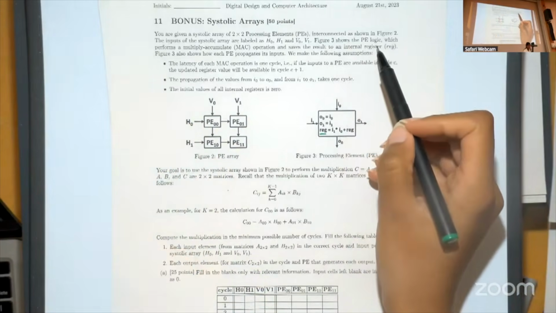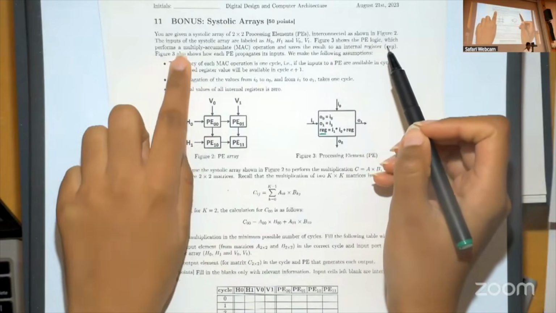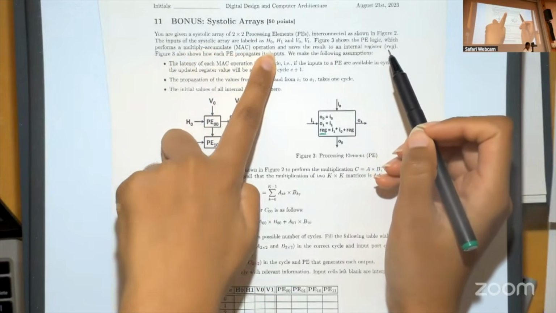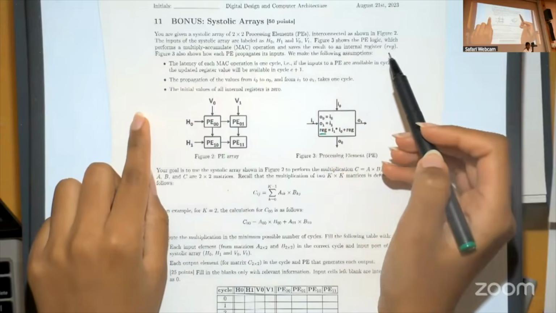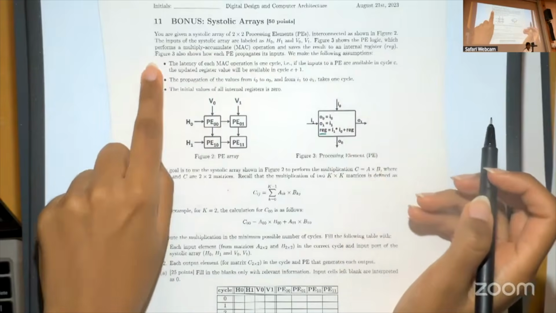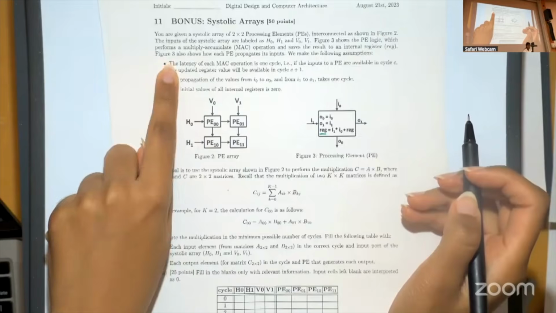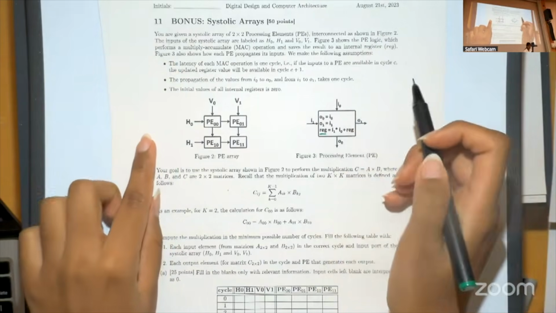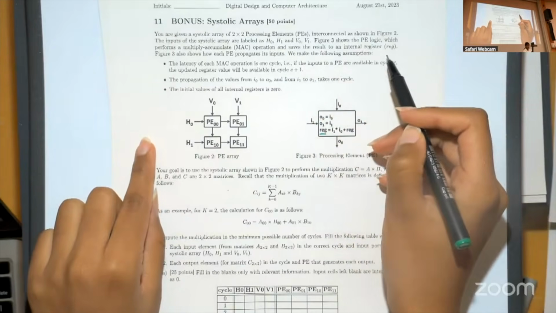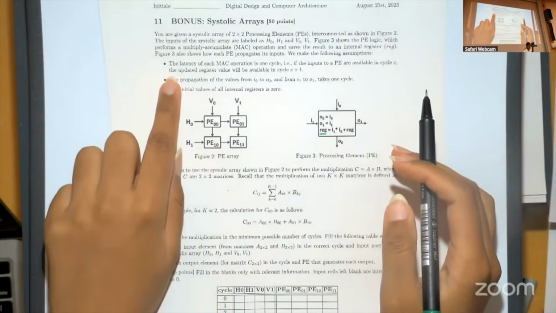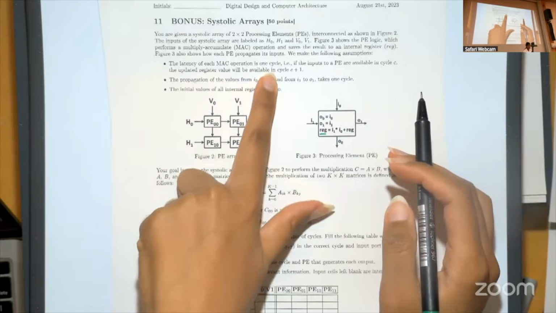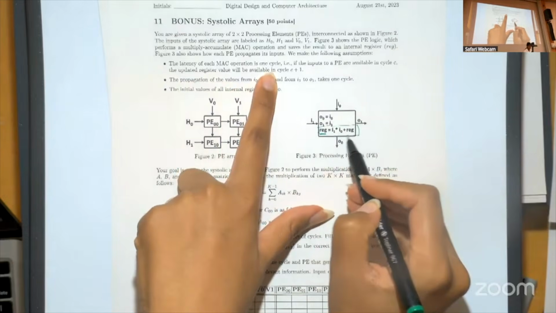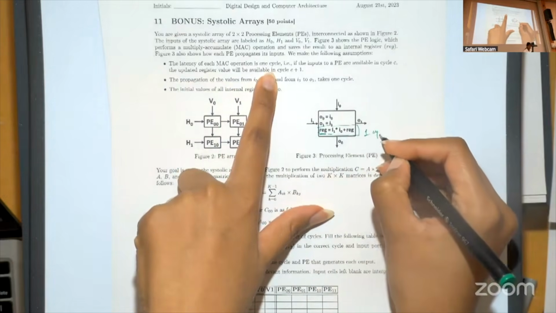Figure 3 shows the PE logic, which performs a multiply accumulate (MAC) operation, as I already explained, and saves the result to an internal register reg. Figure 3 also shows how each PE propagates its inputs. This I also explained. We make the following assumptions. The latency of each MAC operation is 1 cycle. So to perform this, we need only 1 cycle.